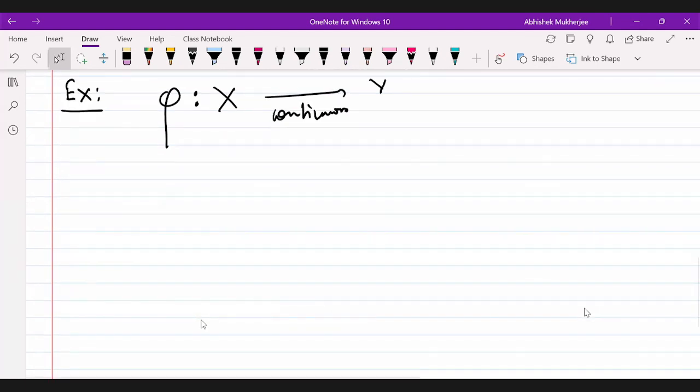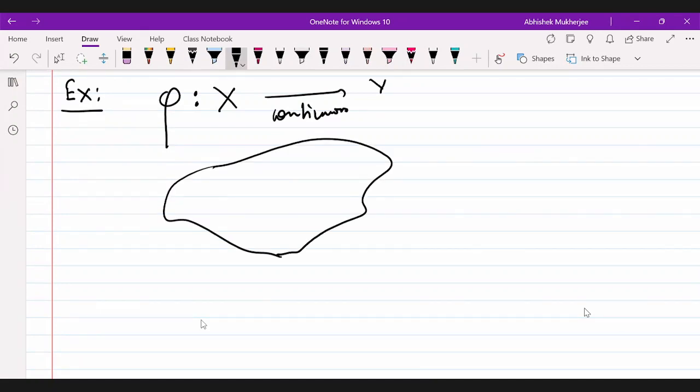So suppose this is your X, and let us have two paths. First one is gamma, another one is sigma, starting from here and ending at that point.